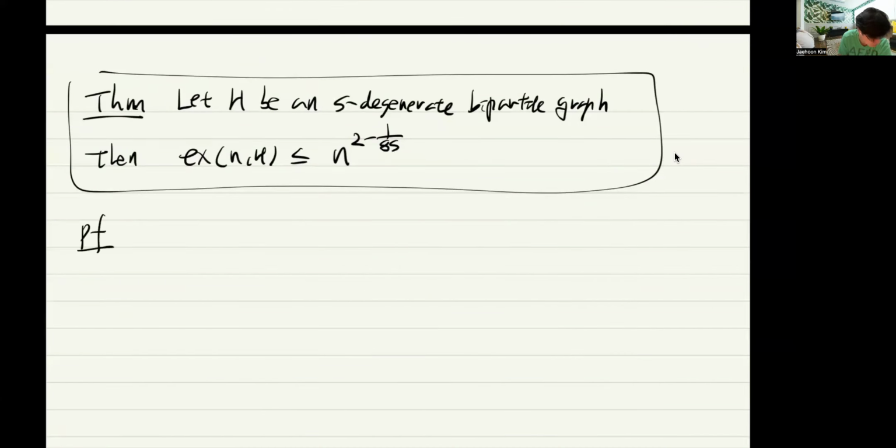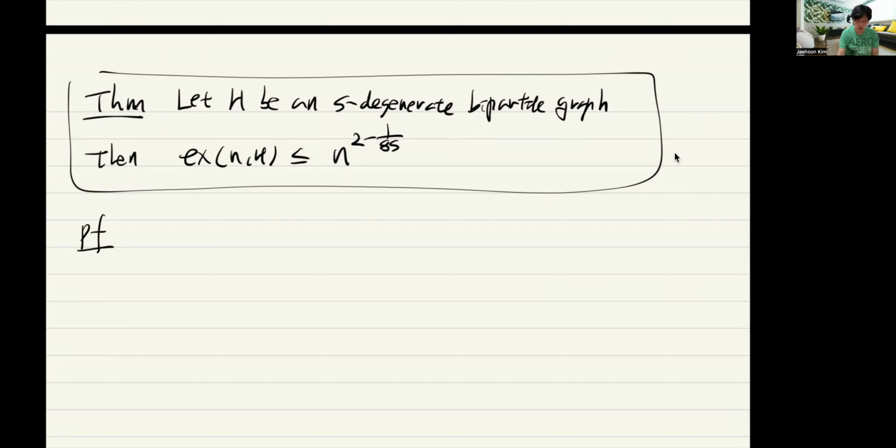So what can you do? Before, as long as you found one set U, where most of the r-subsets have a large common neighborhood, that was enough, because in H one part has bounded degree.